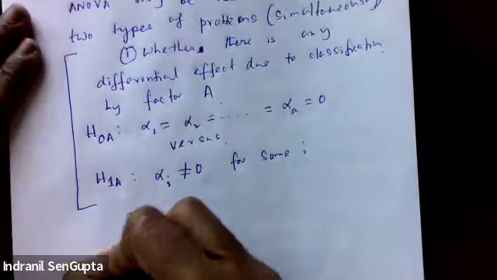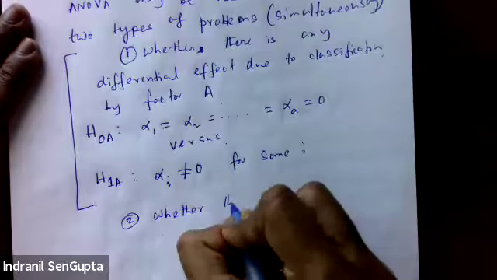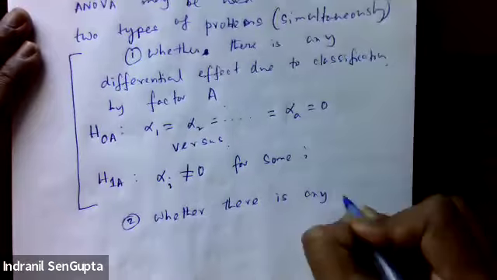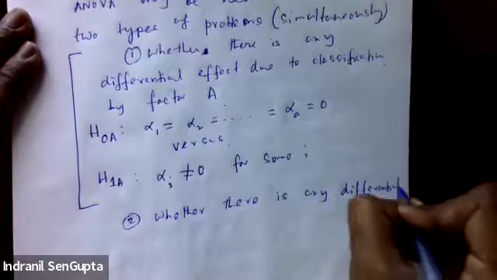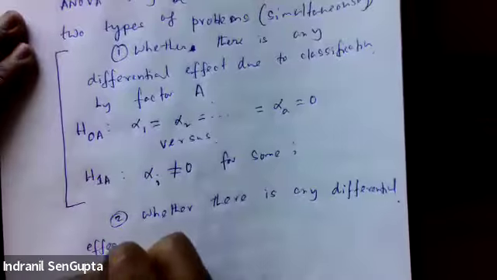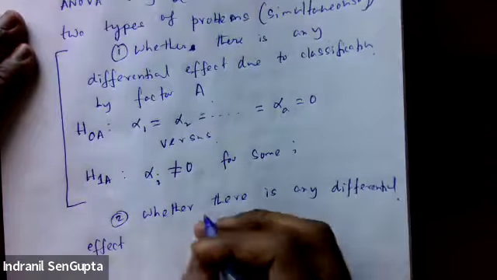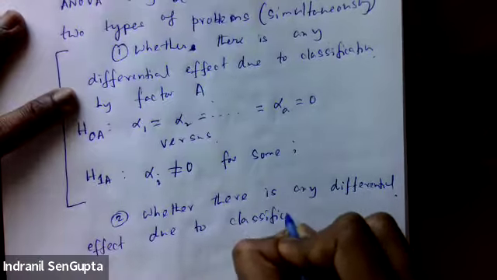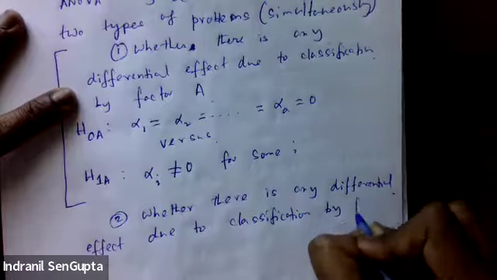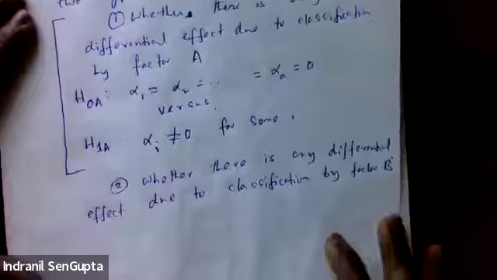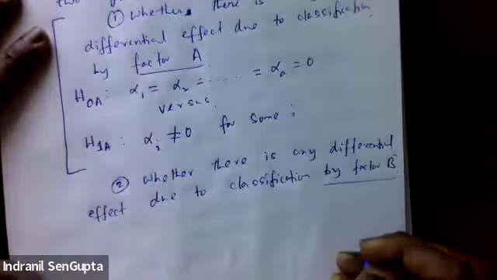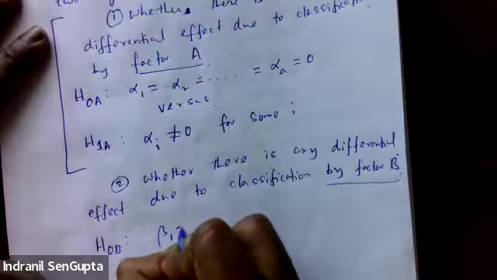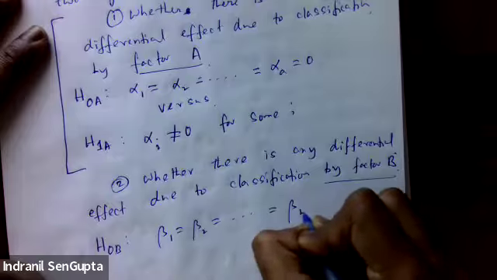And the second one, you can imagine this is for B. I'll write the same thing. Number 2 is whether there is any differential effect due to classification by factor B. So the first one was by factor A and this is by factor B. Here the null hypothesis would be H0B, which is all the betas, beta 1, beta 2, and we have b of those, are 0.